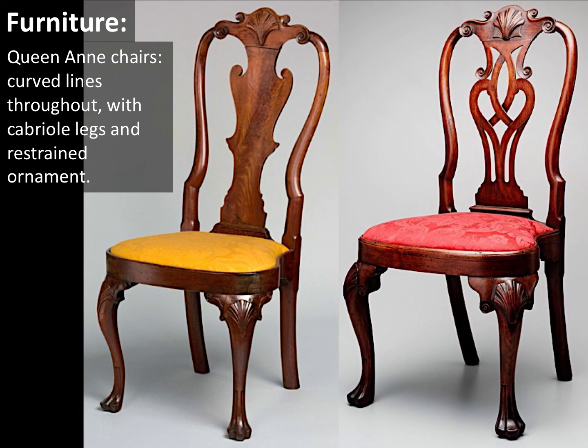These are actually American versions. These are in the Dallas Museum of Art. But you see all of those details. That very graceful cabriole leg. We have that curved crest rail. We have a decorative splat. You see the one on the left has a solid splat, whereas the one on the right has a pierced splat that appears to be made of bands like ribbon.